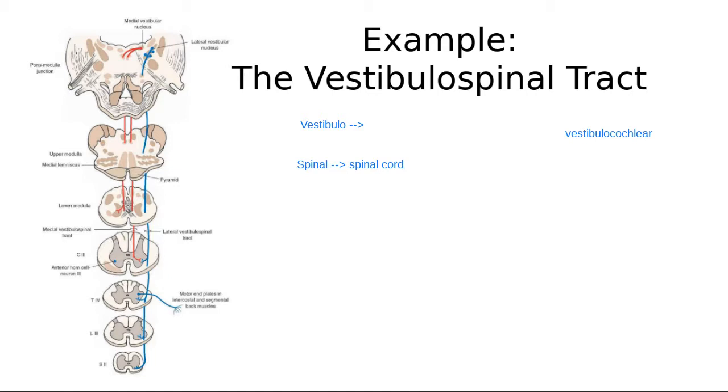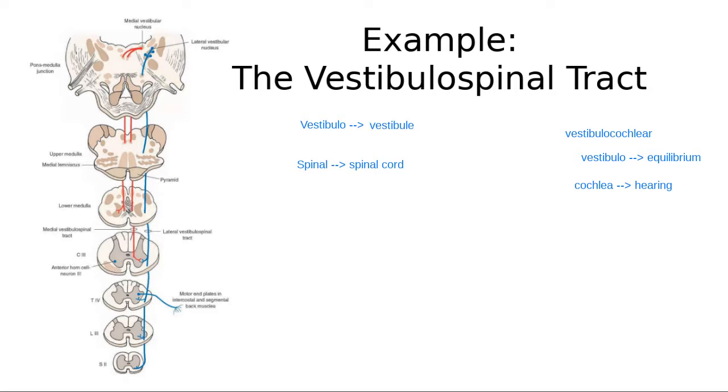The cochlear part of its name was the hearing portion of what this nerve does. The vestibulo part of its name was the vestibule, which we're going to talk about more in the next lecture chapter. That was my equilibrium or my balance. So when we talk about the vestibulospinal tract, we are talking about the part of the ear called the vestibule.